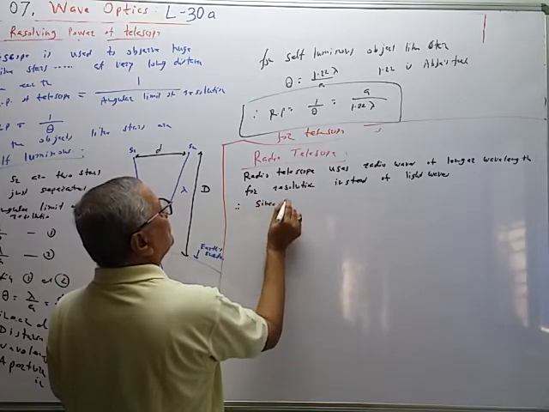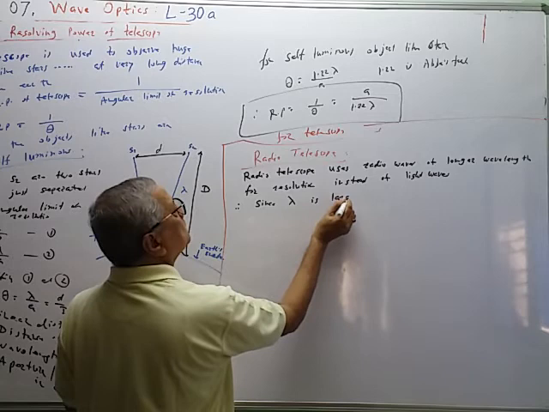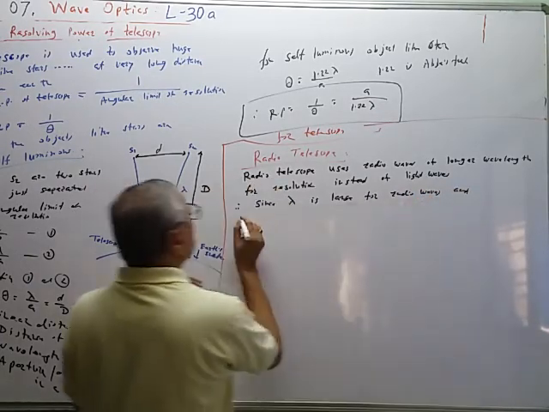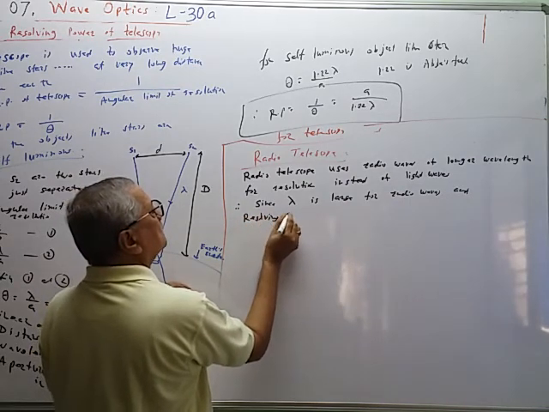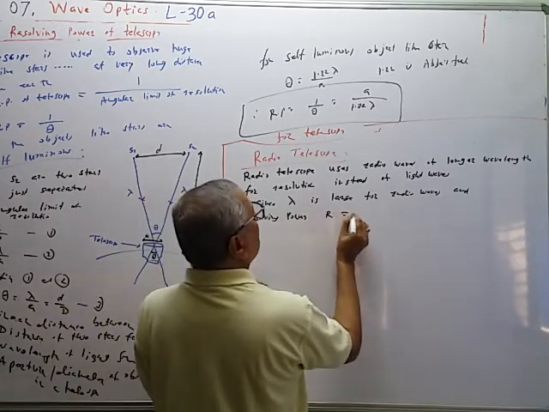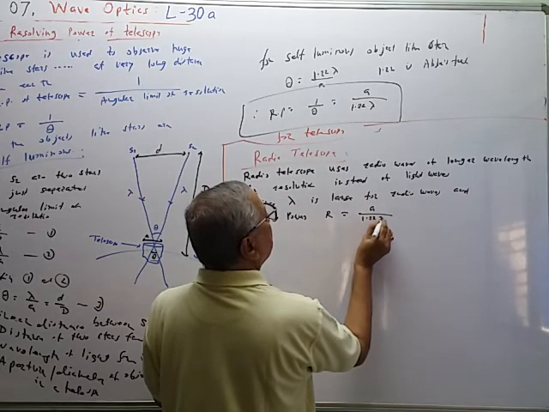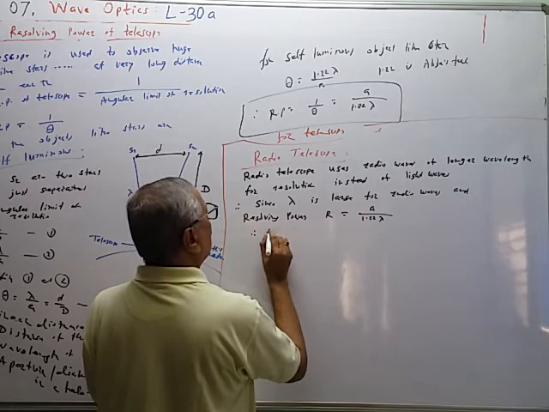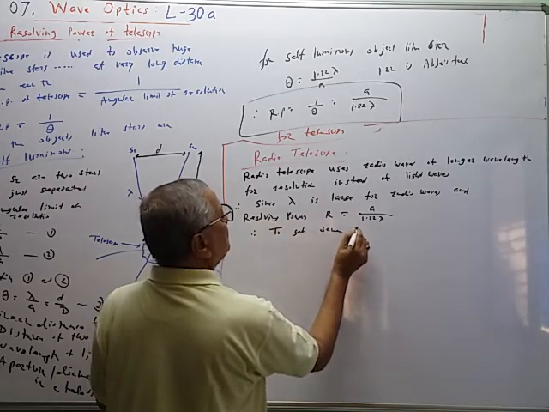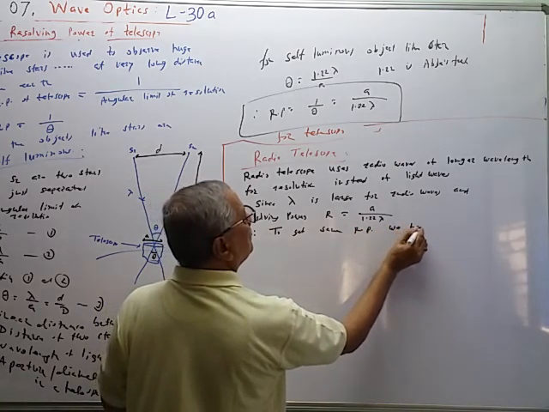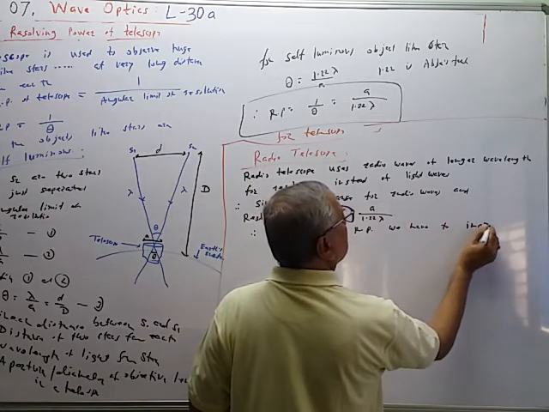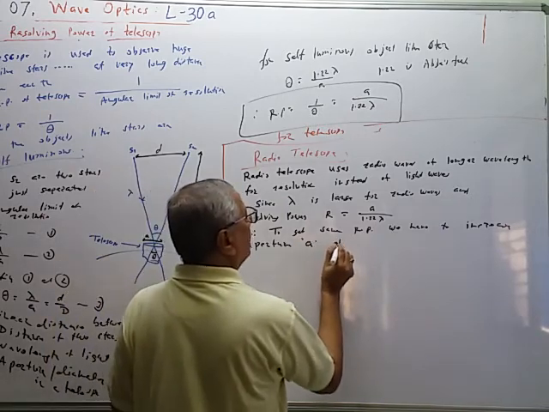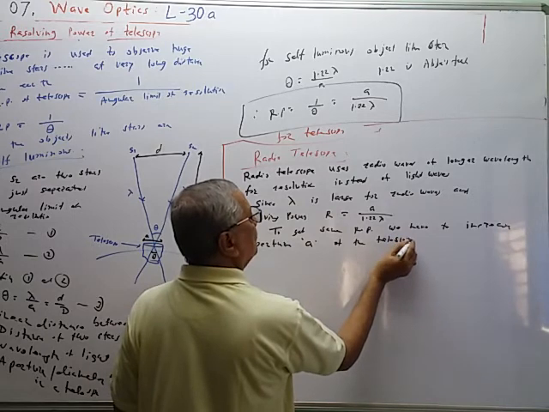Therefore, since lambda is large for radio waves, and resolving power R is equal to A upon 1.22 lambda, to get the same resolving power we have to increase the aperture A of the telescope.